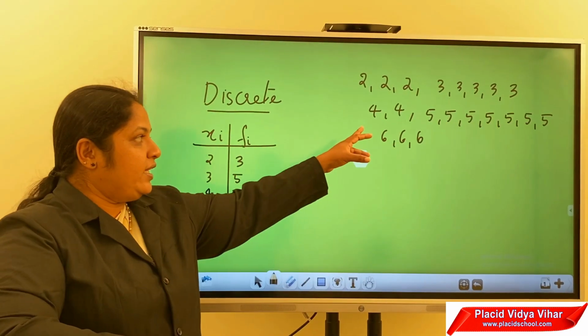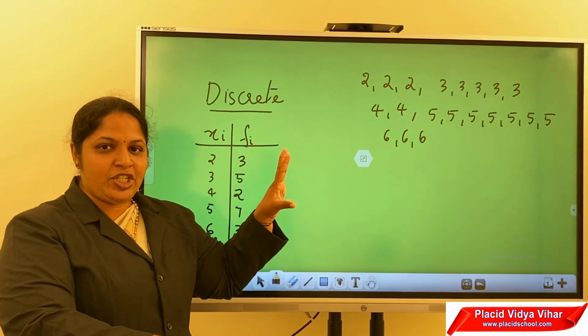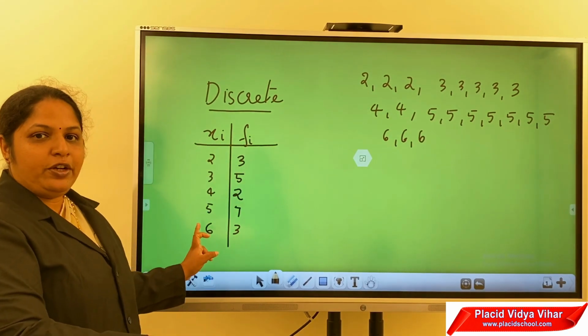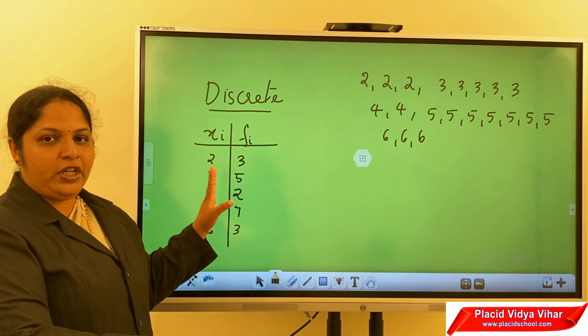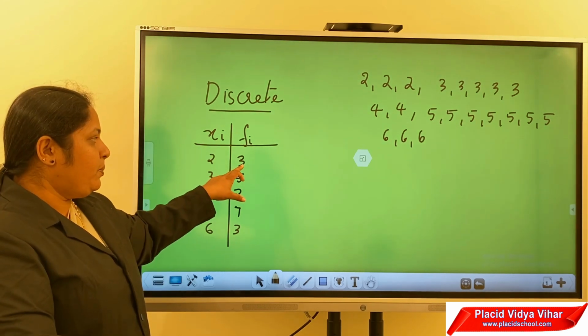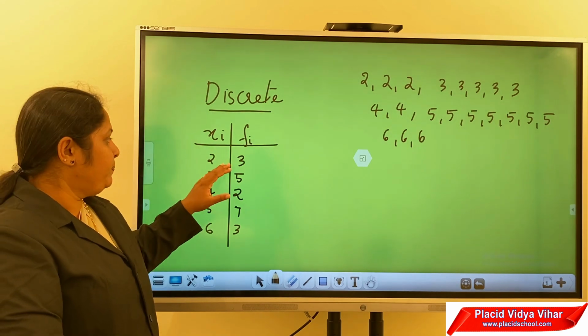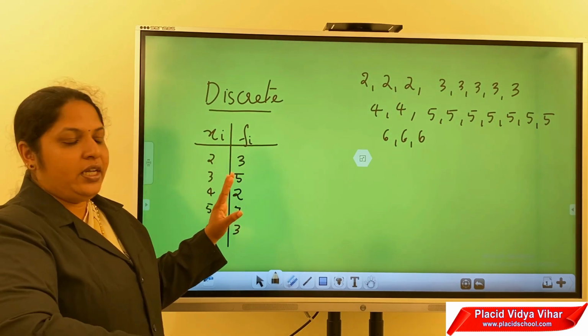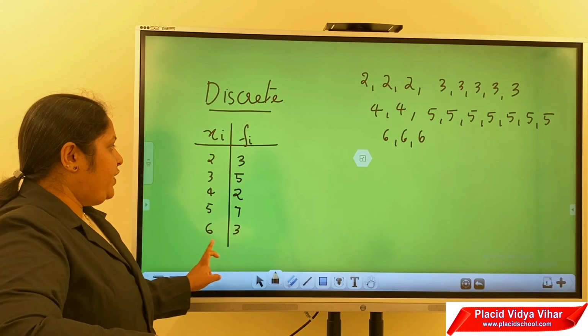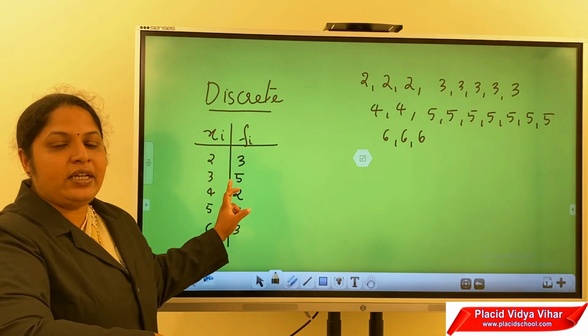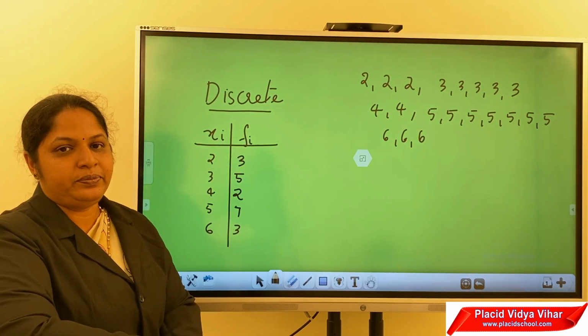So this data is arranged and written in tabular form with the corresponding frequencies. This frequency represents that 2 occurs in the data 3 times. So this type of data is known as discrete grouped data.